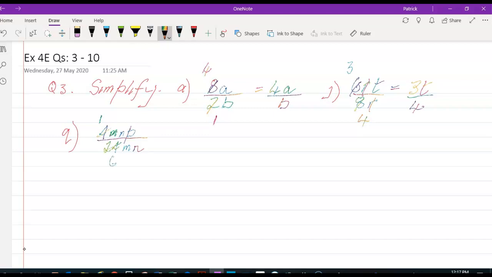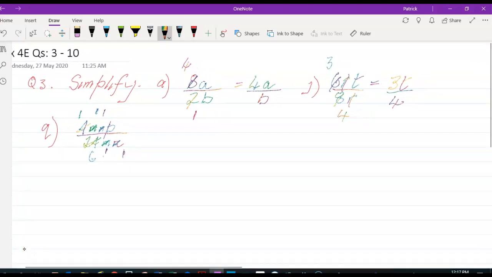M will go into itself once, and N will go into itself once. What I'm left with on top is 4 times 1 times 1 times 1 times P, so that's P. And on the bottom line, everything's gone out.